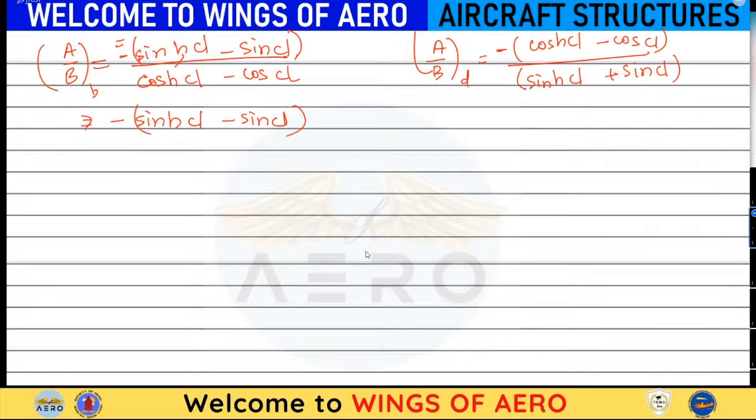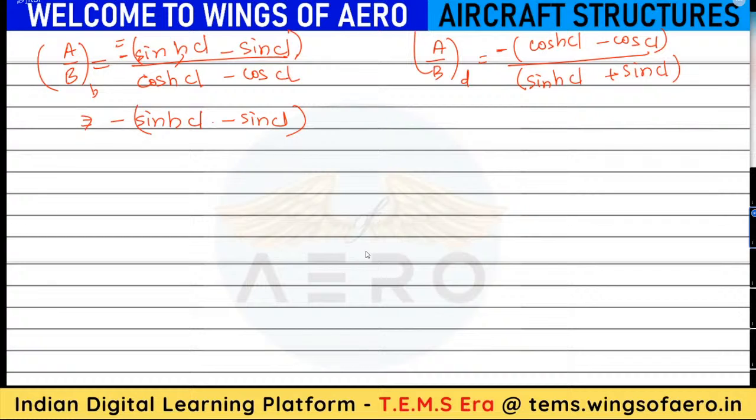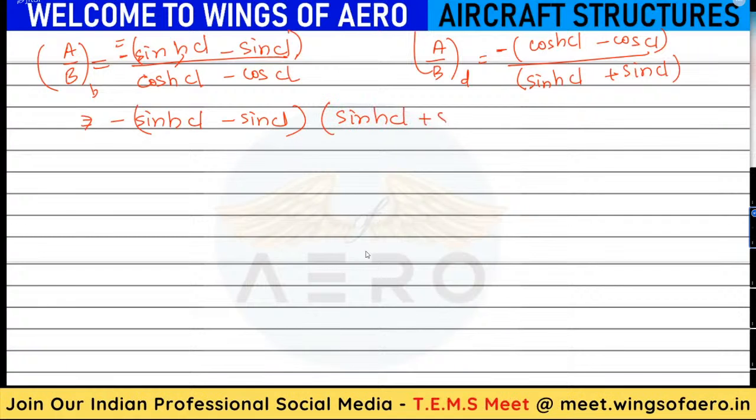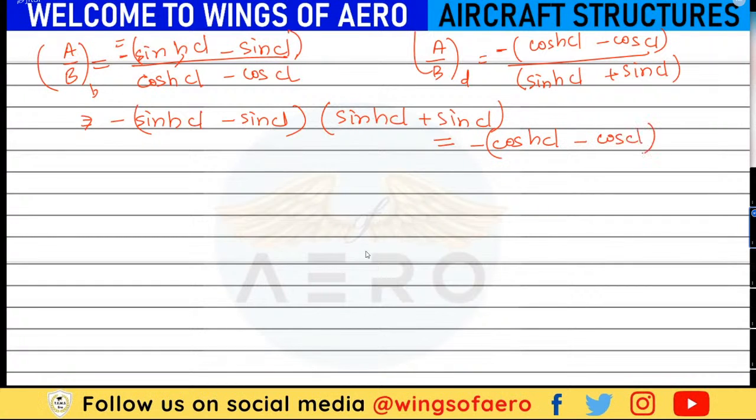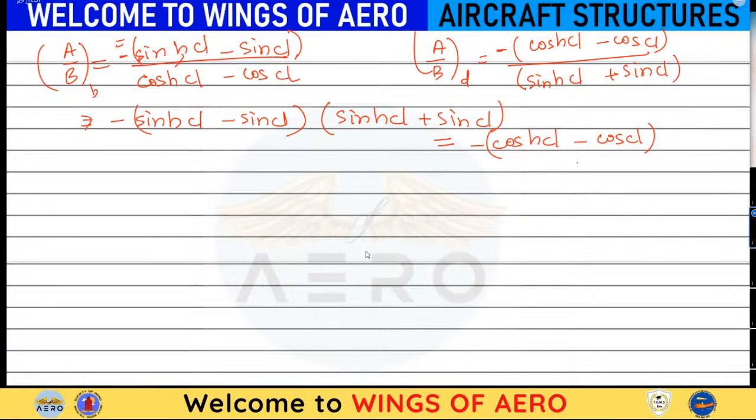This minus and minus will get cancelled off. Can we cancel? The sinh CL plus sin CL equals minus cosh CL minus cos CL into cosh CL.